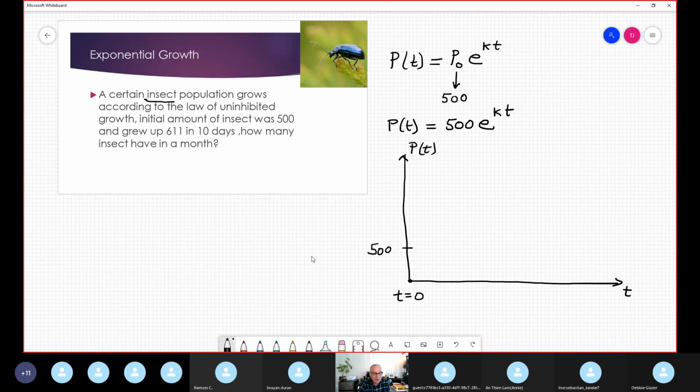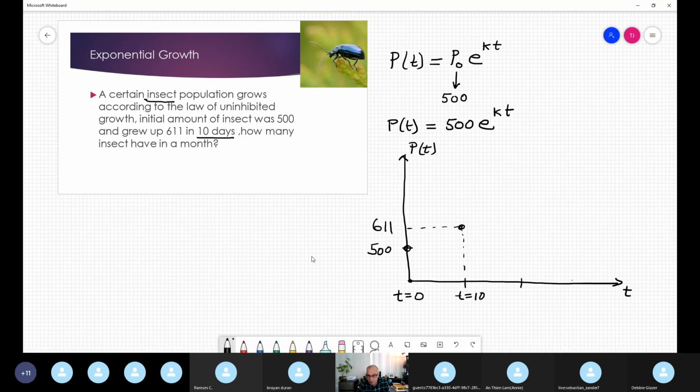The problem says in 10 days, so t equals 10, we have 611. Okay, we have this point.